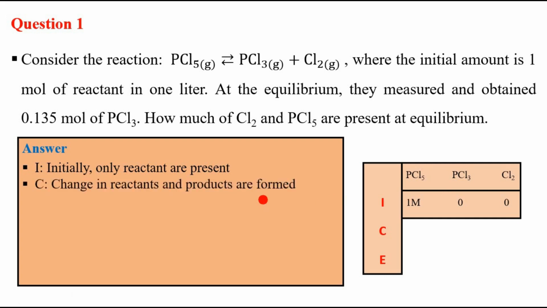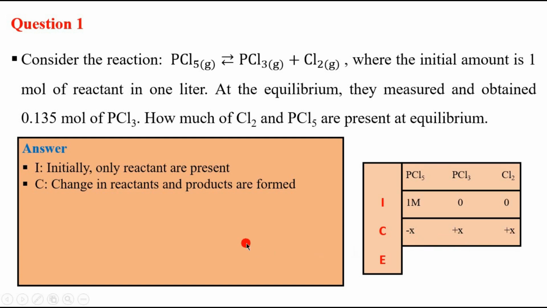So now what is the change? The reactant is transformed into the product, so PCl5 decreases while PCl3 and chlorine 2 are formed. In the change row we write negative X, because we are removing concentration of the reactant PCl5, and we are forming X of each product.